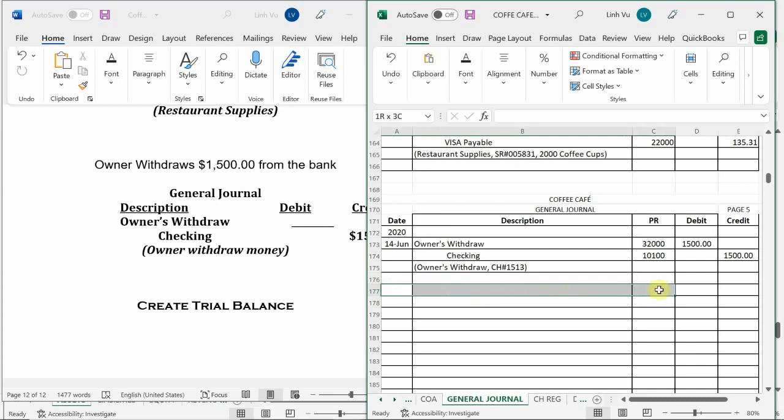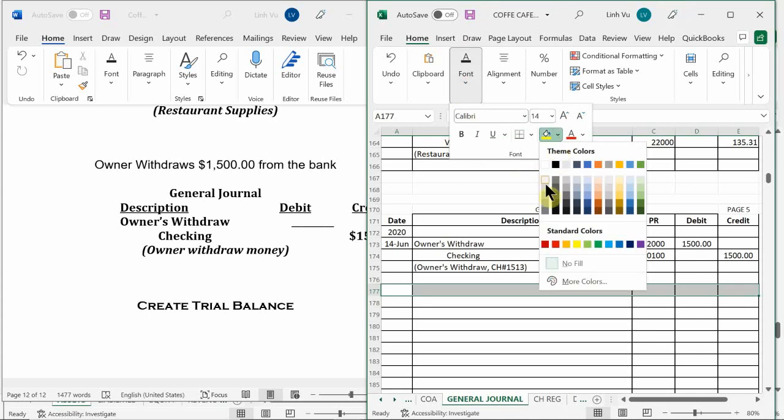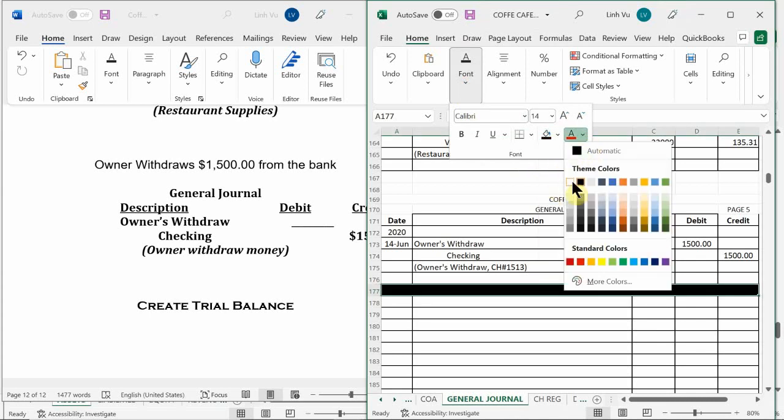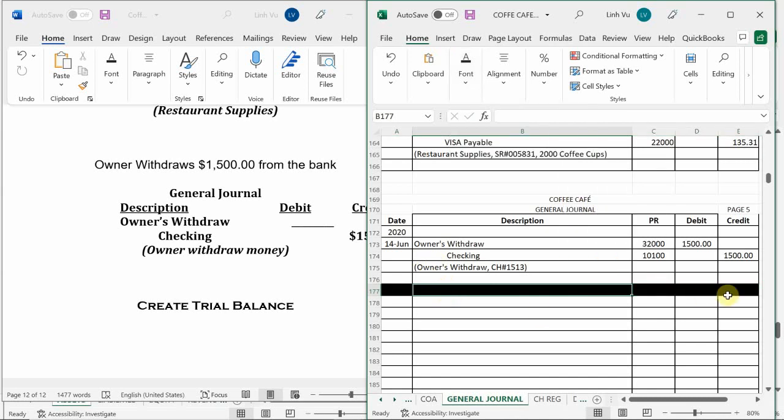So I'm going to start here. I'm first going to start with my little bar here, so that I have a reference point to know that this is where my transactions stop for the trial balance.